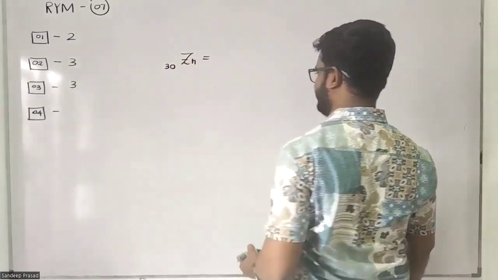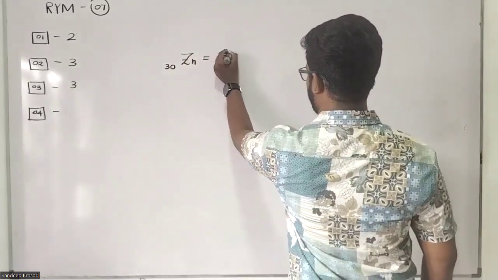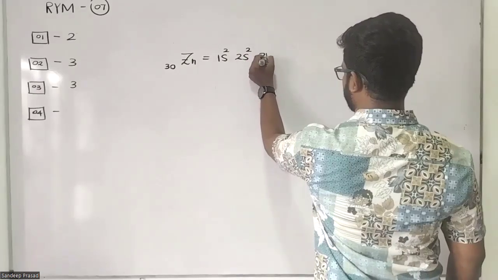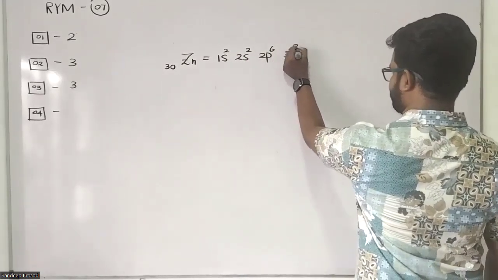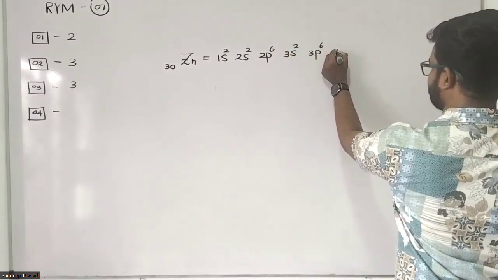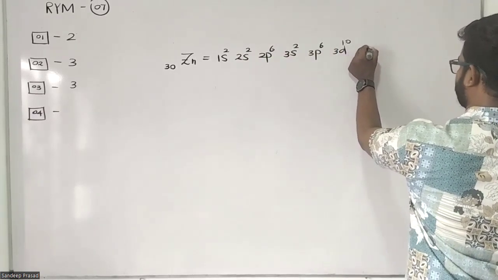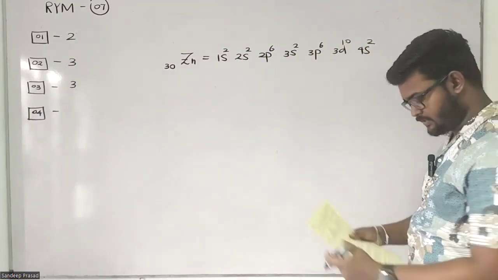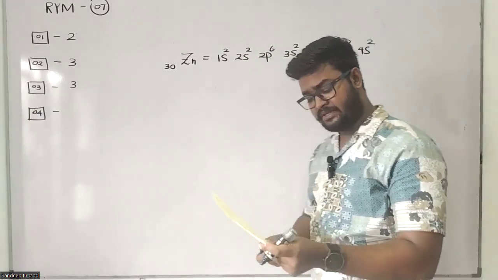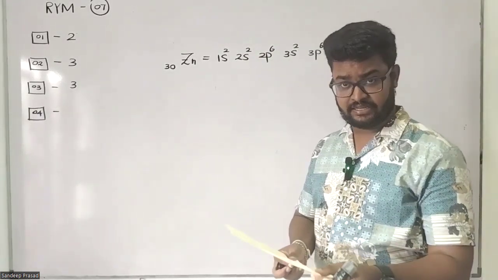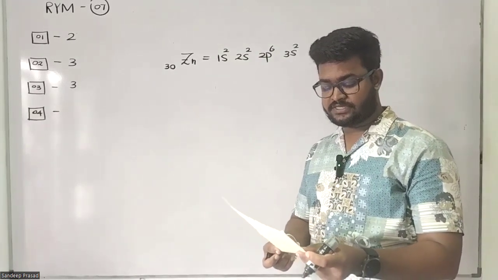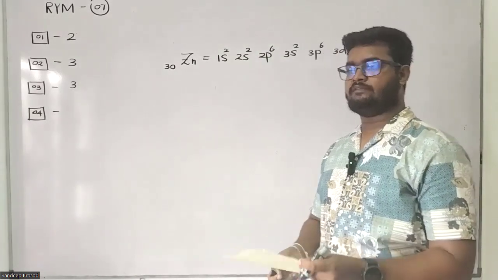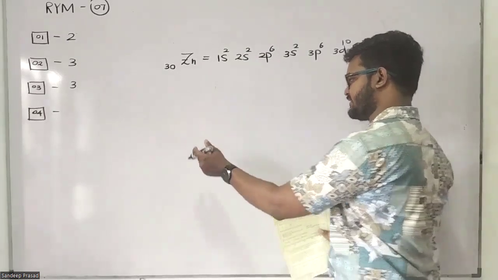If zinc is 30, the configuration is 1s2, 2s2, 2p6, 3s2, 3p6, 3d10, 4s2. So this is the electron configuration of zinc. So they're asking, an atom in ground state contains 30 electrons, how many of these are in orbitals with L equal 2? Just now we discussed that.